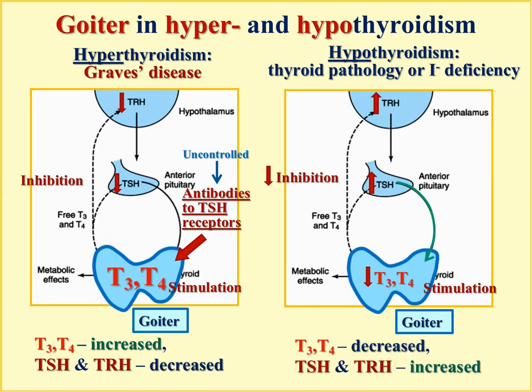So if we measure the blood content of hormones, T3 and T4 are decreased, but TSH and TRH are increased as compared to norm. But in both cases, you see, in Graves' disease it's because of overstimulation of growth by antibodies to TSH receptors that operate similarly to TSH itself.